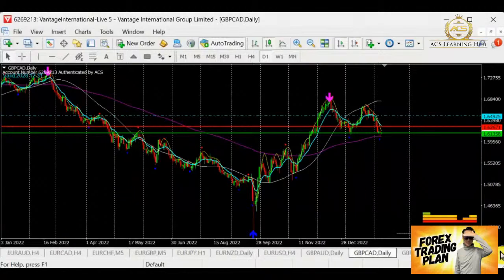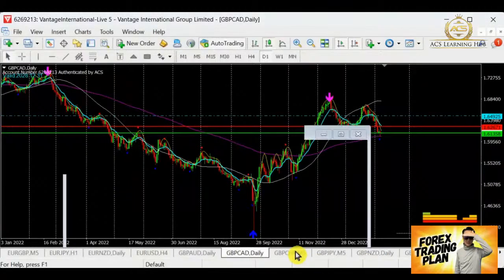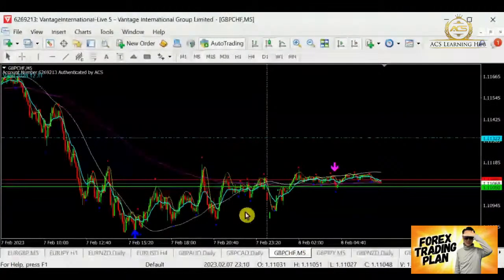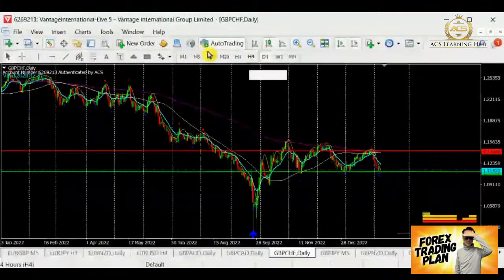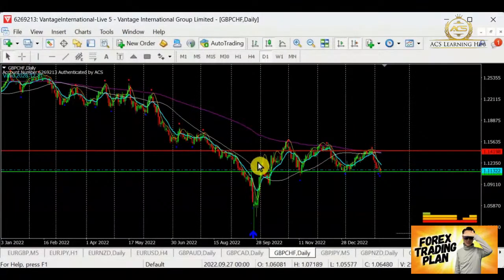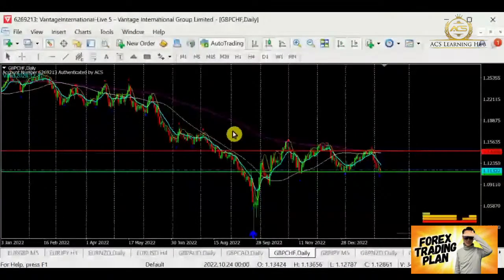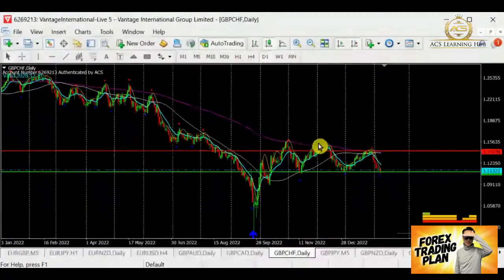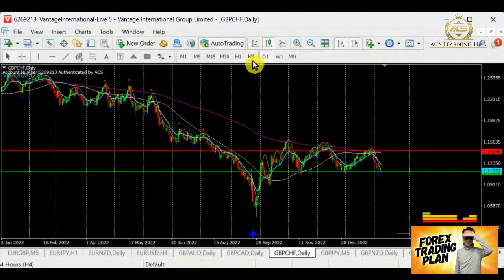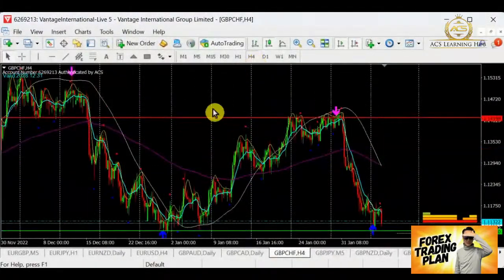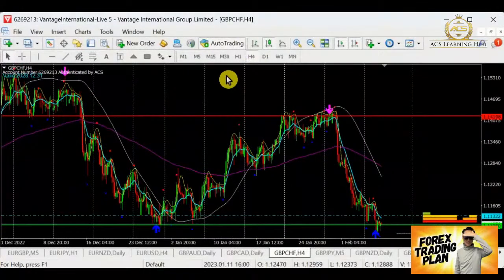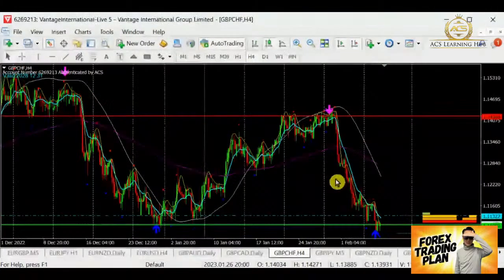Next to go, Pound franc. Let's take a look at Pound franc. Since yesterday, Pound franc has been in a very big range, bouncing around this area. It seems quite stable, but let's see if this is going to break below.